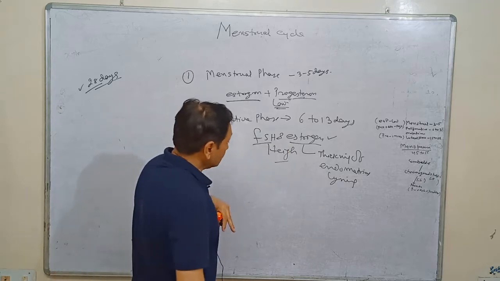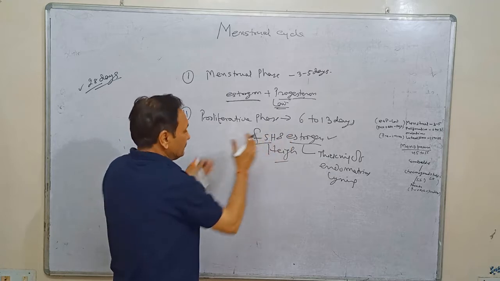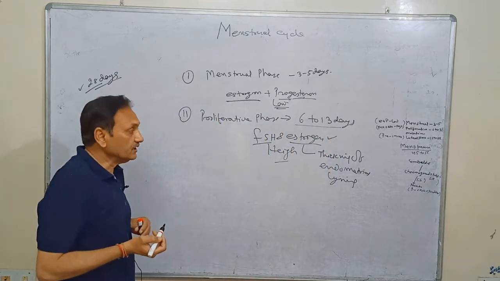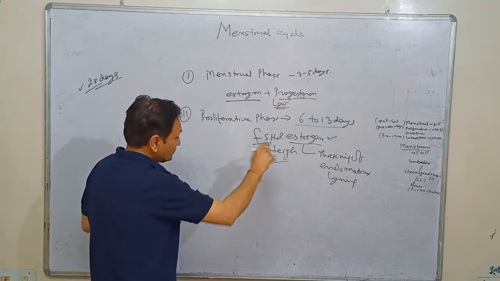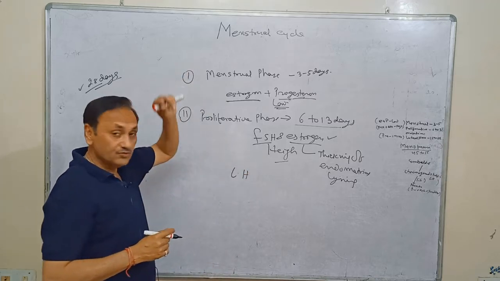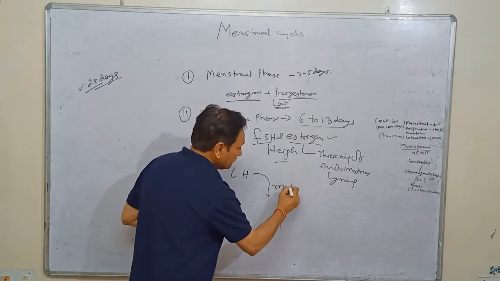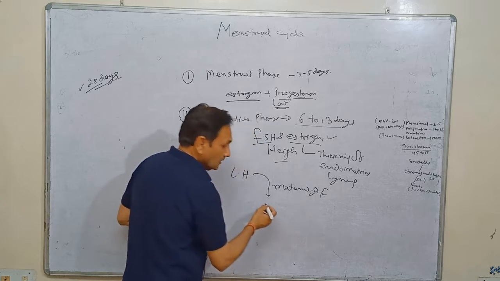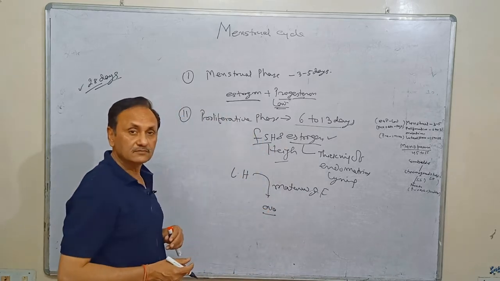Now this estrogen is responsible for the thickening, and this thickening takes 6 to 13 days. In the meantime, what happens? LH is also released from the pituitary, and it acts upon the matured Graafian follicle to release the ova, and that is called ovulation.